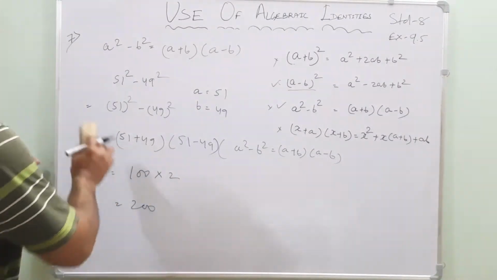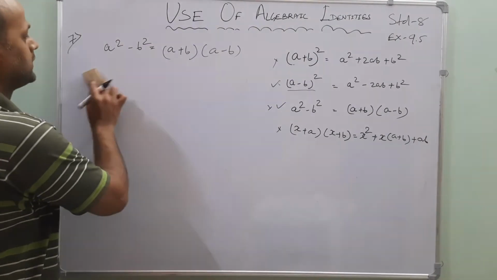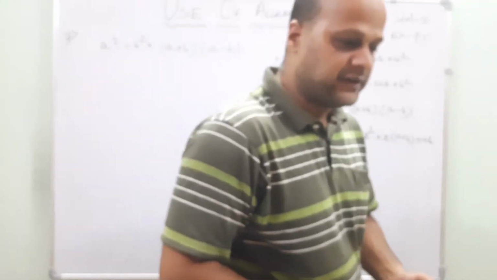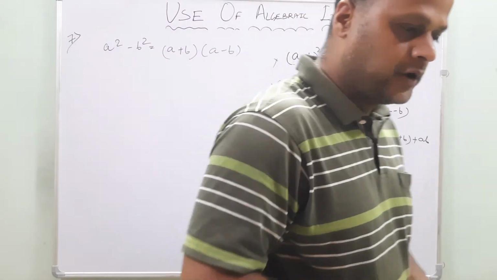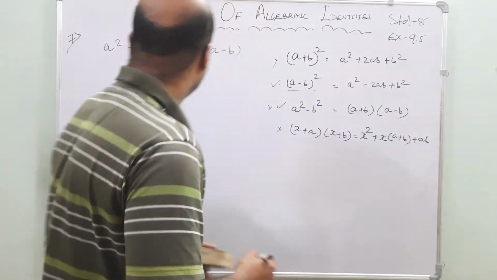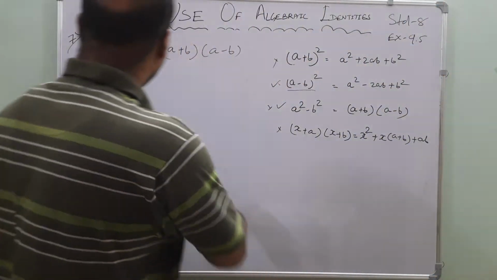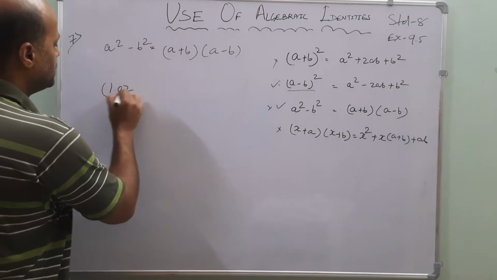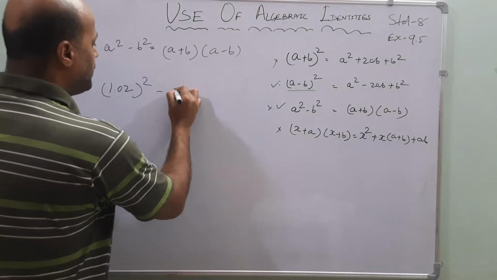Let's do another part of 7th number so that you can easily understand it. The next one is given in decimal form. You can do it in any form, my dear friends. In decimal form, it is 1.02 square minus 0.98 square.